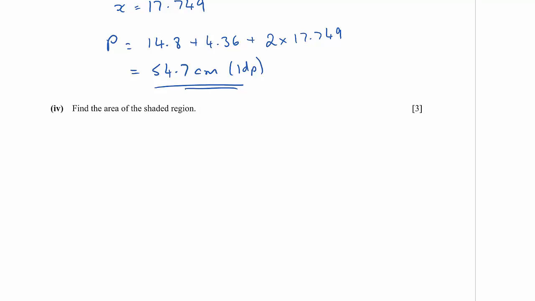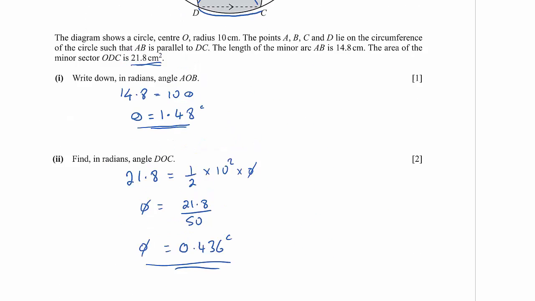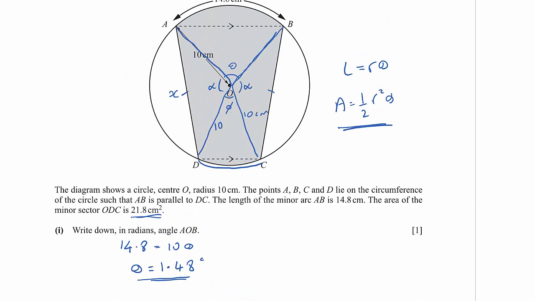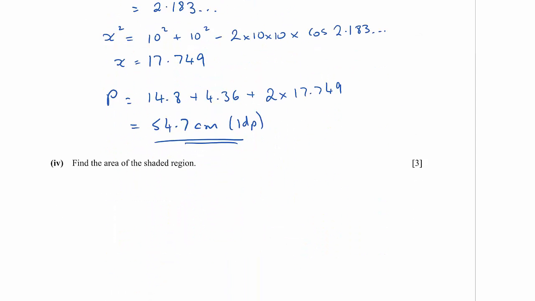So finally, we want to find the area of the shaded region. So let's go back to the diagram and figure out our strategy. I'm going to do the area of the sector that I was given, and then the 2 triangles. So let's do the area of the triangle first.